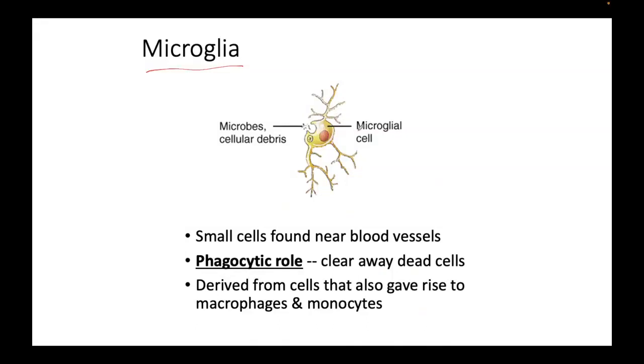Microglial cells, these are going to clear microbes and cellular debris. So they're phagocytic. They clear away dead cells. They're derived from monocytes. All right, so monocytes are a type of white blood cell, and monocytes are always in circulation.